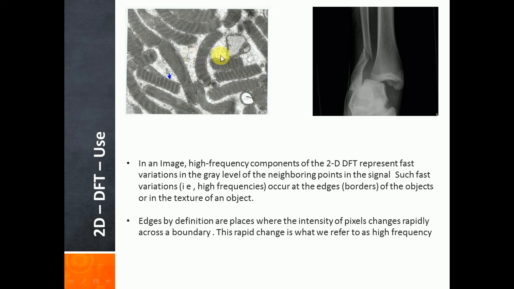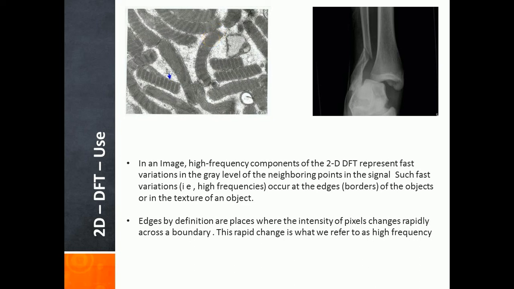Now, when I look at this image, the high frequencies, and this is where the principle comes in, are your boundaries, where the signal changes from a darker image to suddenly a lighter image. In other words, there's a huge frequency component at all the boundaries. But once you enter that boundary, the shade is pretty much the same. It's more or less the same.